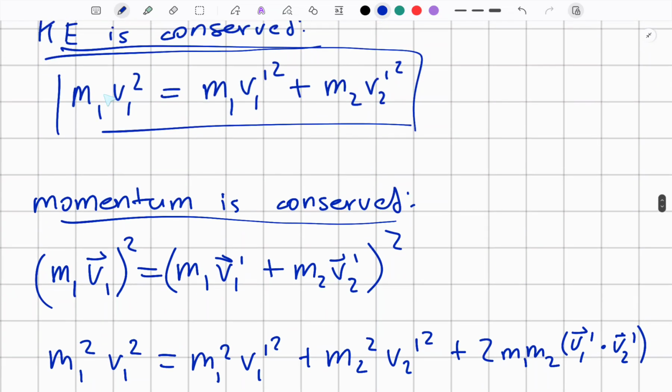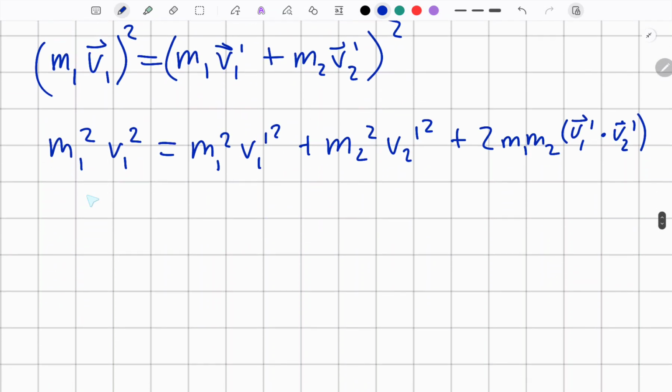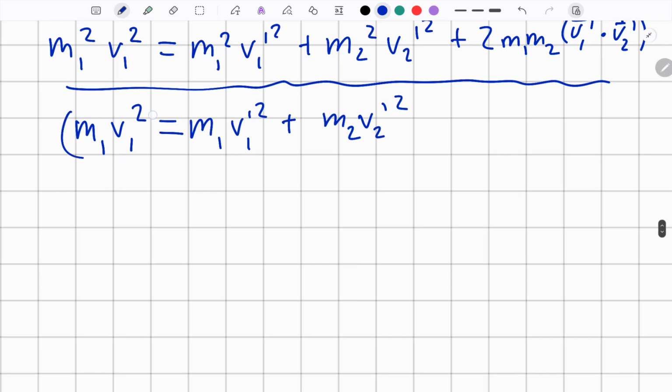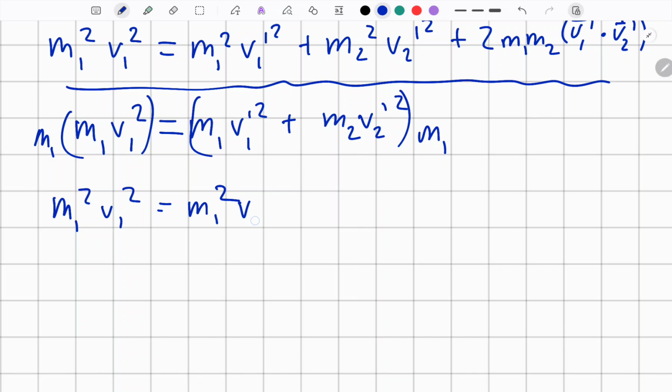We notice that if we take our kinetic energy, which is m1 v1 squared equals m1 v1 prime squared plus m2 v2 prime squared, we can multiply both sides by m1, and have m1 squared v1 squared equals m1 squared v1 prime squared plus m1 m2 v2 prime squared.